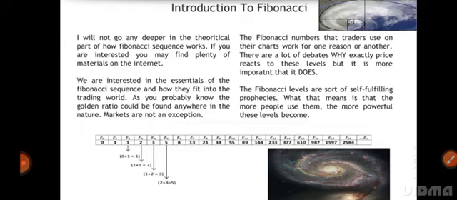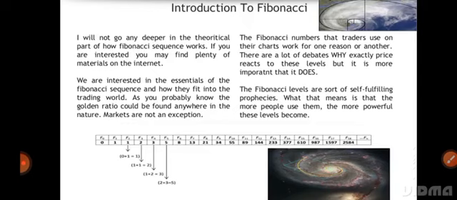So what is the Fibonacci? 1 plus 1, 1 plus 2, 1 plus 3, and it is a very universal thing that actually works in a lot of areas, like completing projects with agile methods.